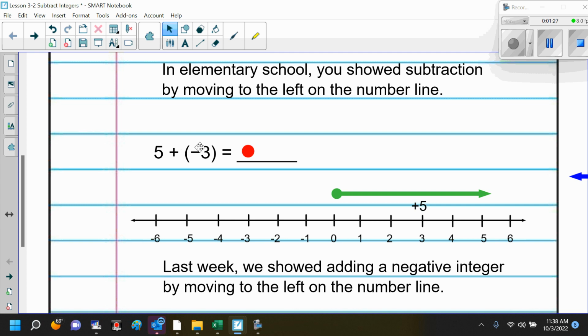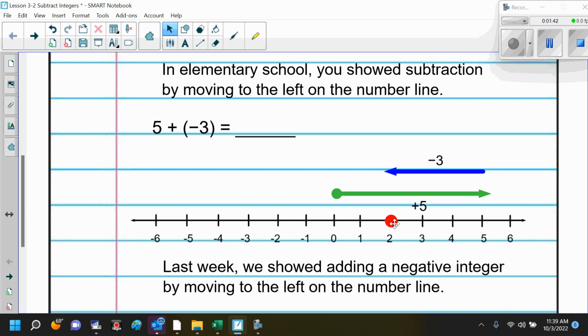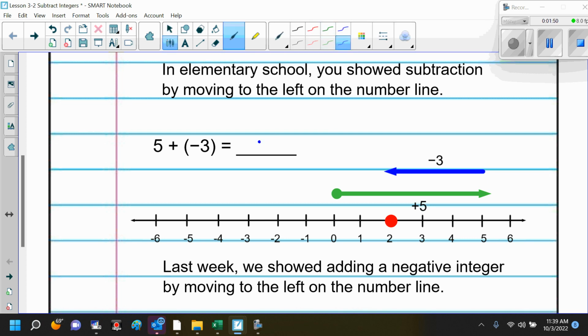When we add the negative, that means we're going to go to the left. And again, we ended up at 2. So 5 plus negative 3 is equal to 2.